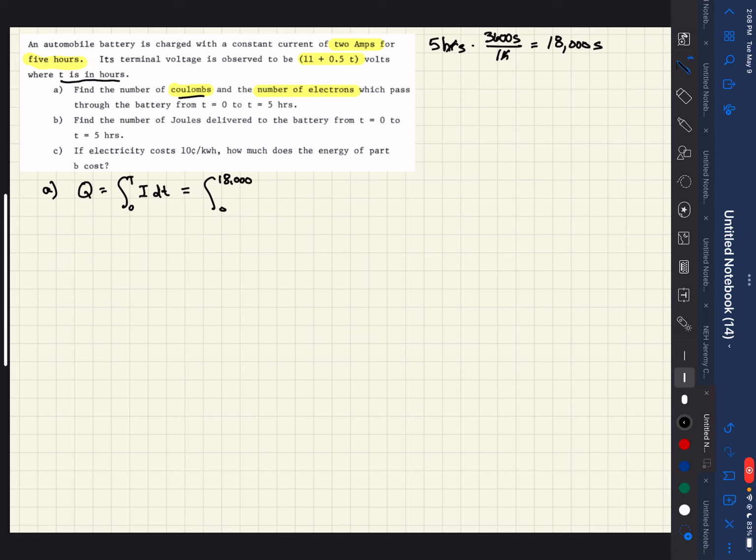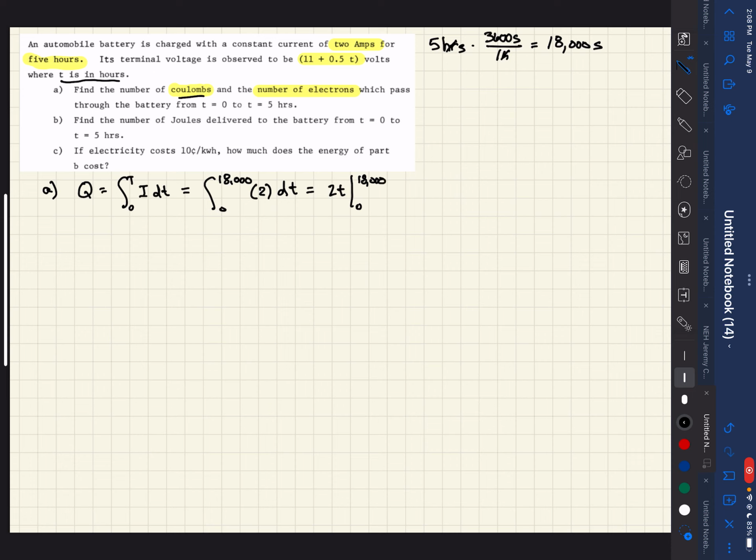That's 5 hours. Our current was told to be 2, which is a constant. So 2 amperes, with respect to T. Once we integrate this out, we will get 2T, and that'll be evaluated at 0 and 18,000.